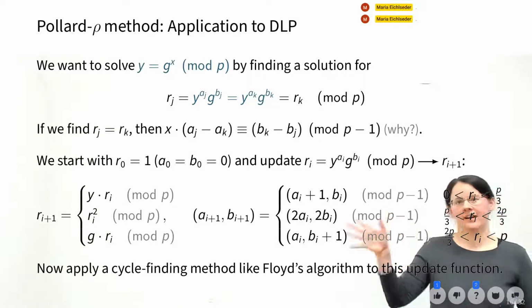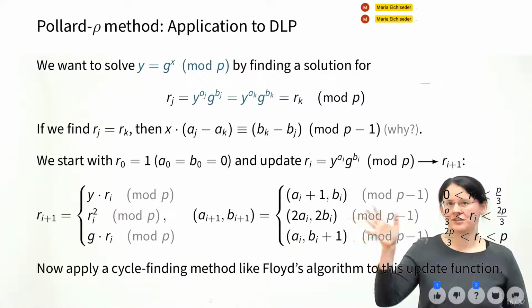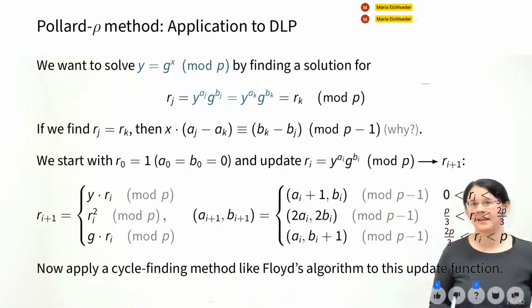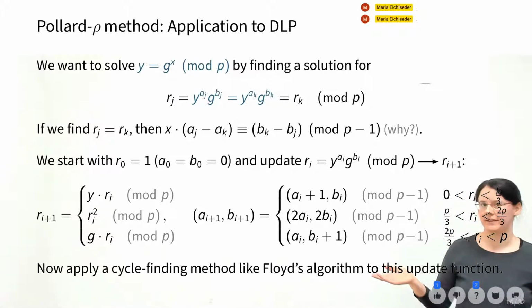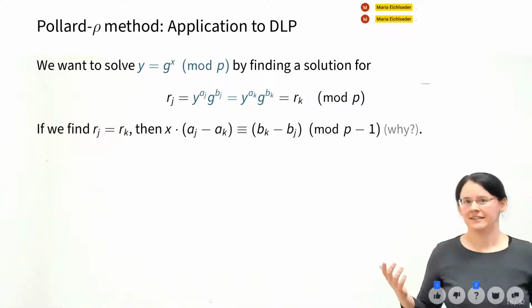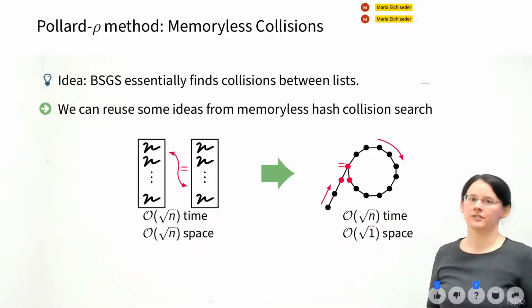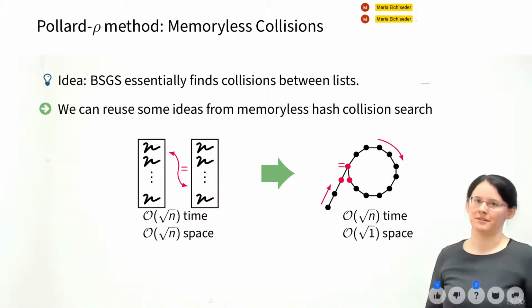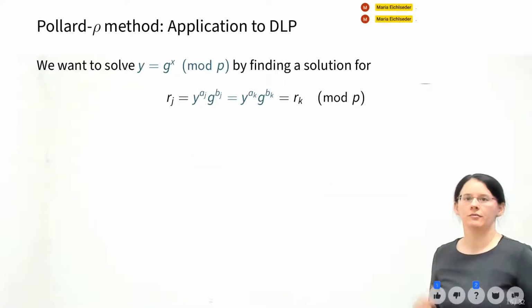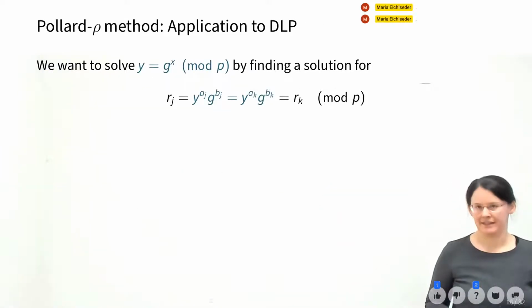But in the end, you have this update function and you're looking for a collision. And you can do this for any group you like. And by analyzing the average length of the cycle here, you can also get that this average runtime still holds, for a similar reason as in hash functions.